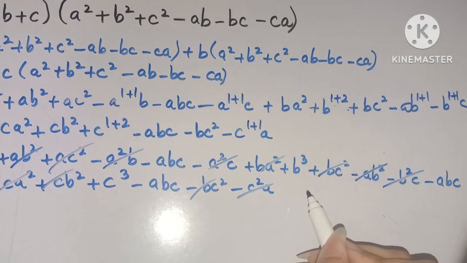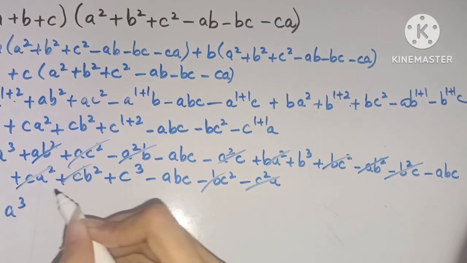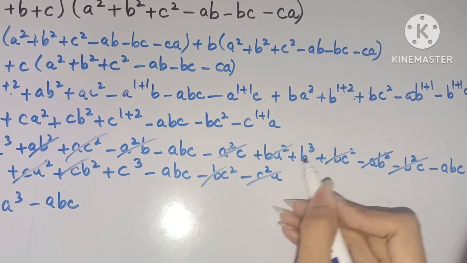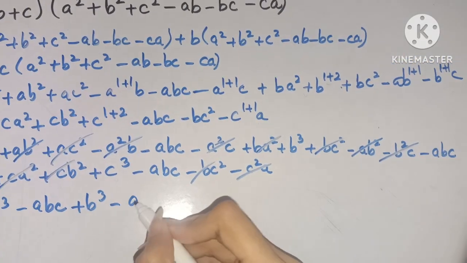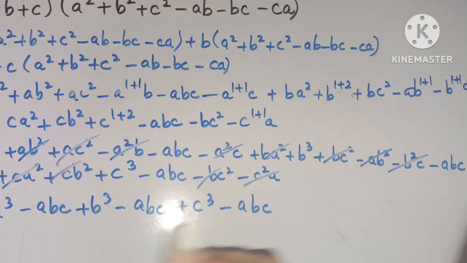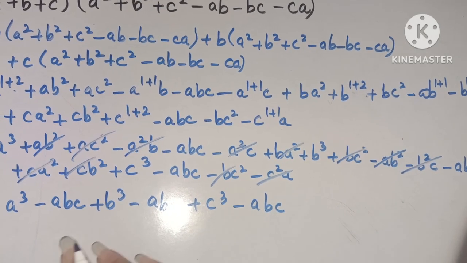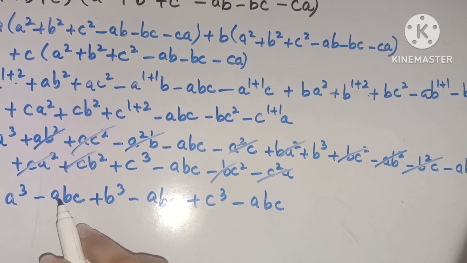Now what is remaining? We can just write the remaining terms over here: a cube minus abc and plus b cube and minus abc plus c cube minus abc. Look, here we have minus abc three times. So what we will do is add these terms together, that means 1, 2 and 3.